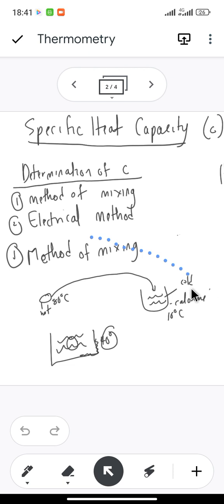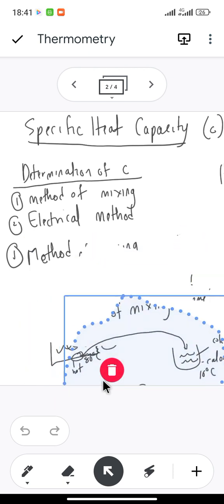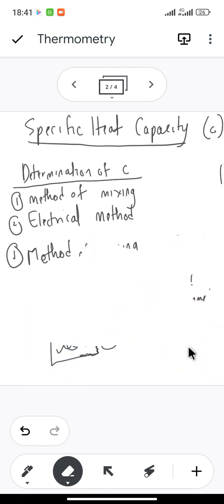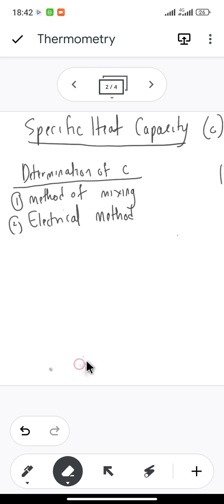So we're going to talk about this. Now, the electrical method just deals with trying to heat up something. It makes use of a heater, actually, to heat water. Most of you know what a boiling ring is, something like that.